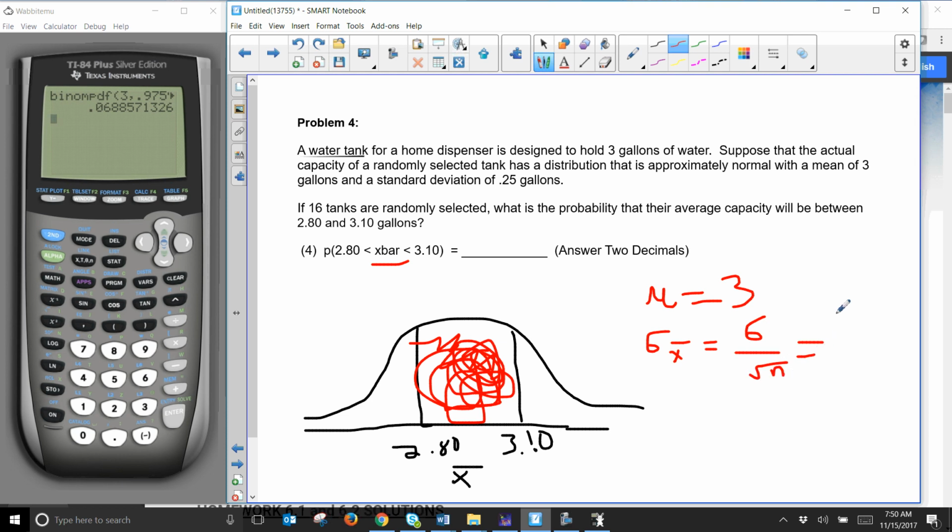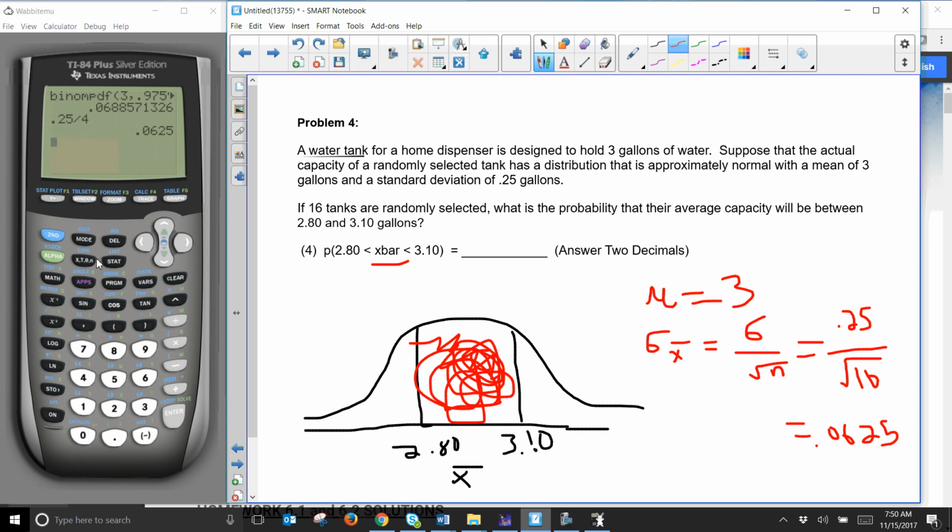So this is going to be 0.25 divided by the square root of 16, which is 0.25 divided by 4. So this is going to be 0.0625. That's our sample standard deviation.